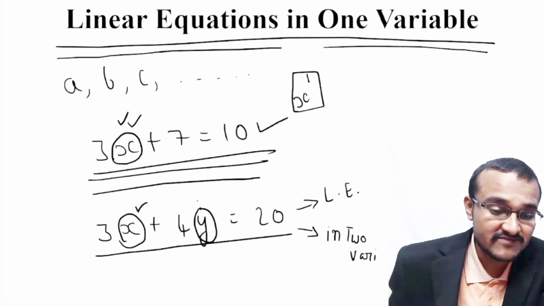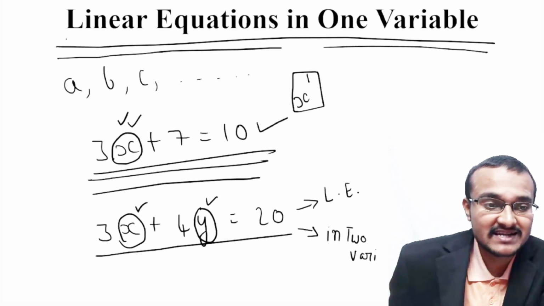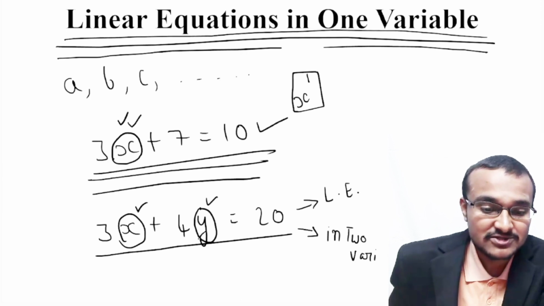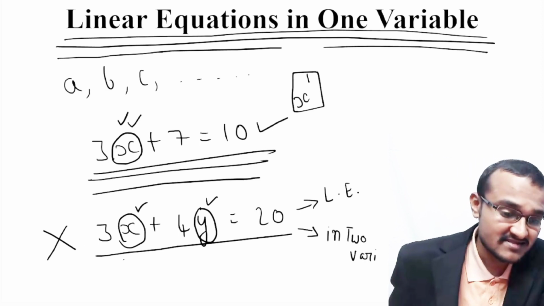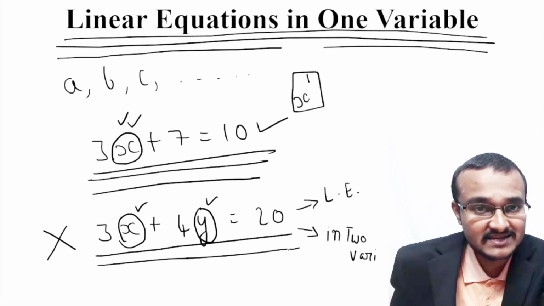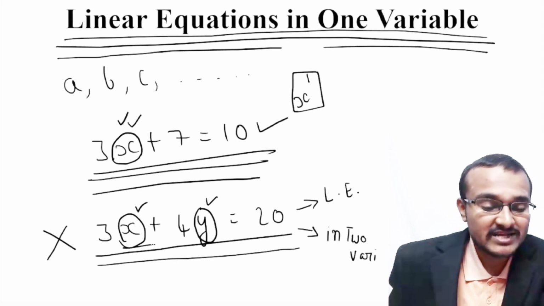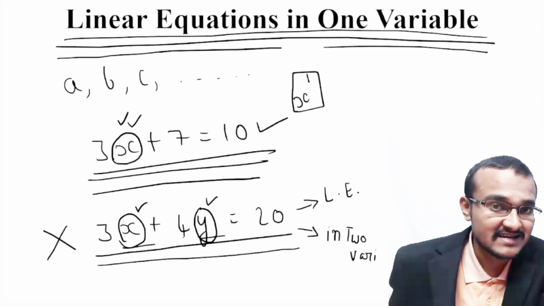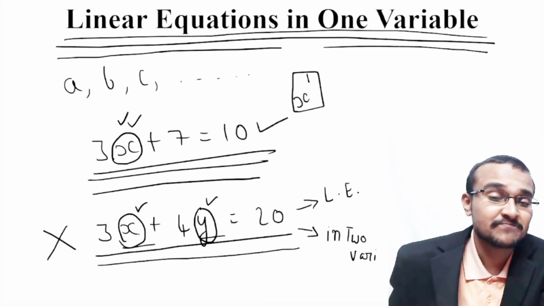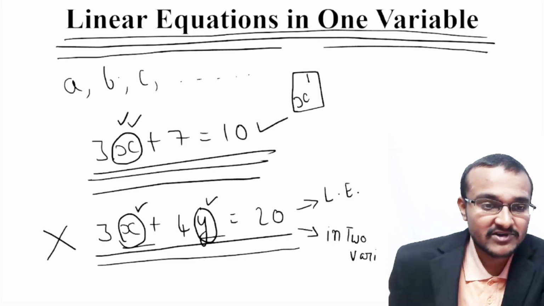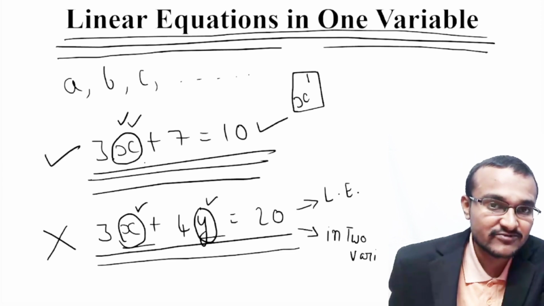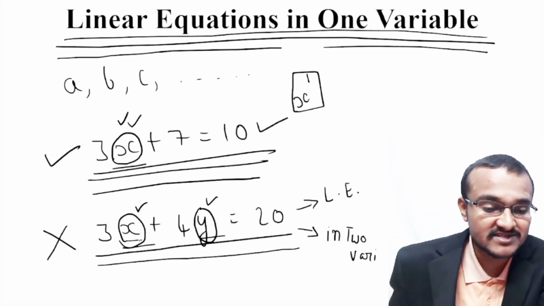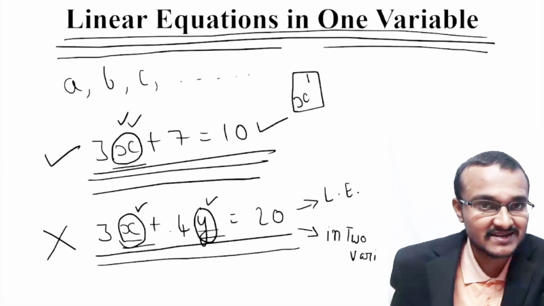We are dealing with linear equations in one variable, so we cannot give this example for linear equations in one variable. Even though this is a linear equation, it still contains two variables. Whereas the earlier example can be given, because it is a linear equation and contains only one variable. But this equation contains two variables, though it is still a linear equation.